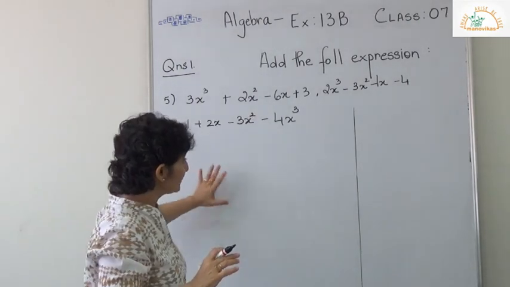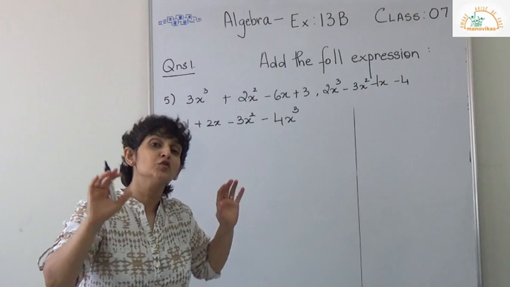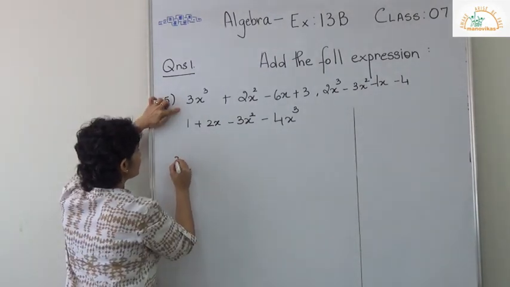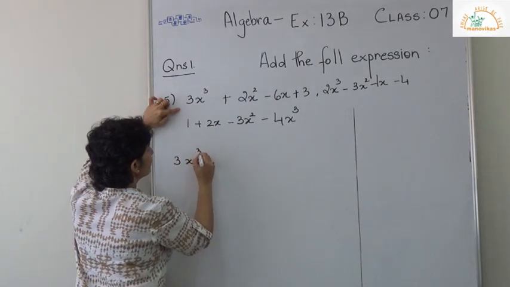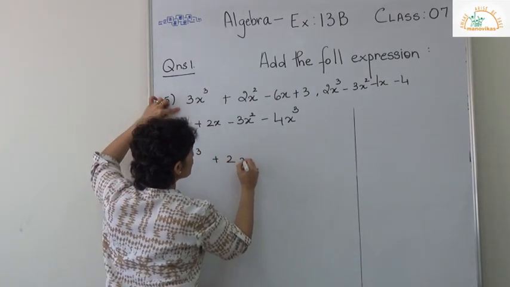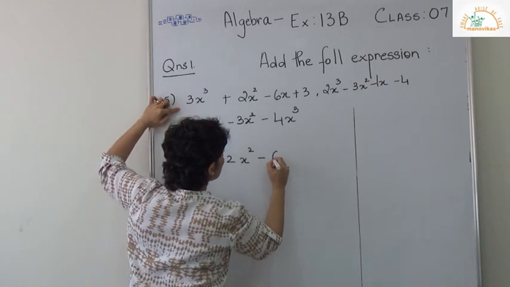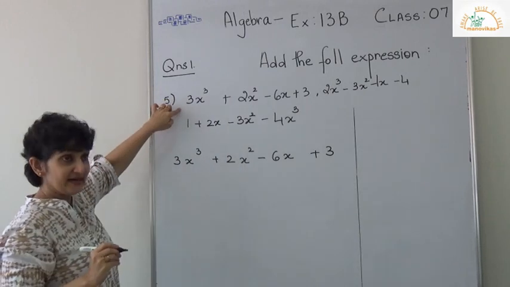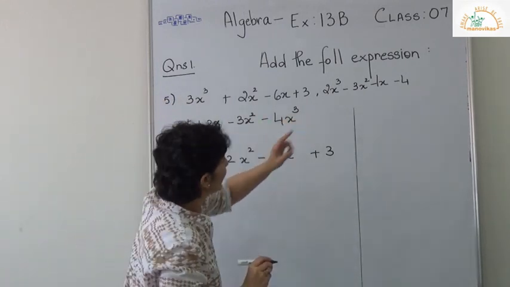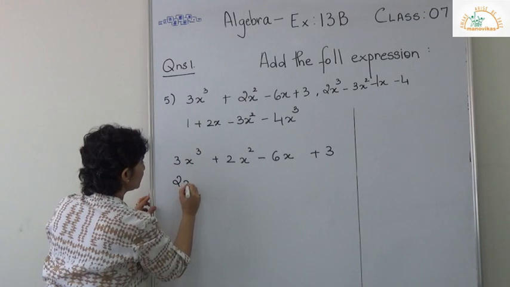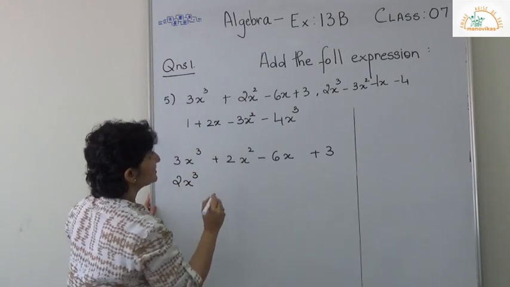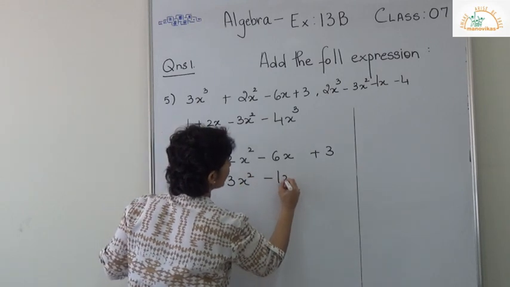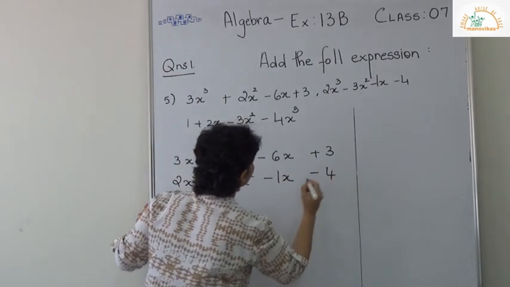Now children, when we put them here to add, let's group them in like terms. So let me take this first: 3x cubed plus 2x squared minus 6x plus 3. Then I have 2x cubed, so I bring it under here, minus 3x squared minus 1x minus 4.